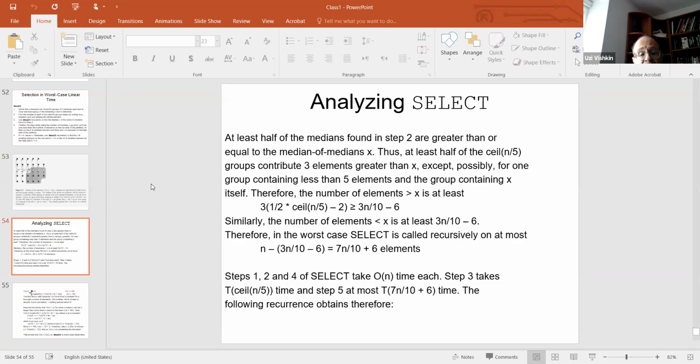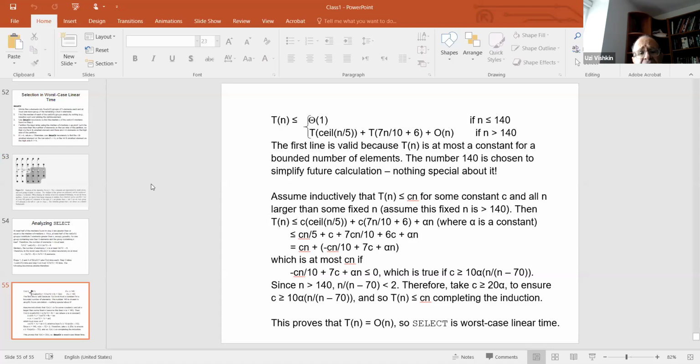So if you try to sum up the recursive call that we have, you throw out all the junk, all the constants and all of this, what we have is T of n equals T of n over 5 plus T of 7n over 10 plus constant times n. Okay, that's the recursion. And the recursion is written here, again, throwing out these constant factors.